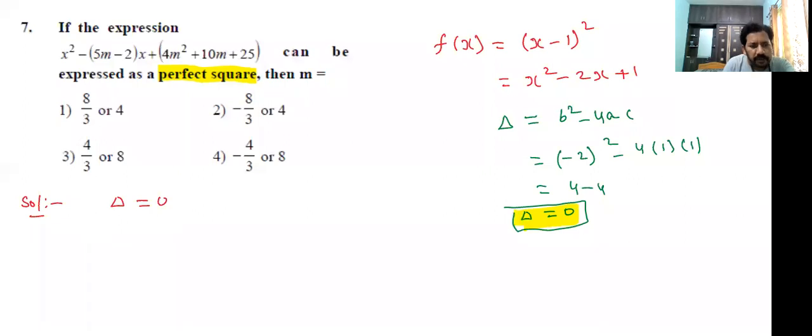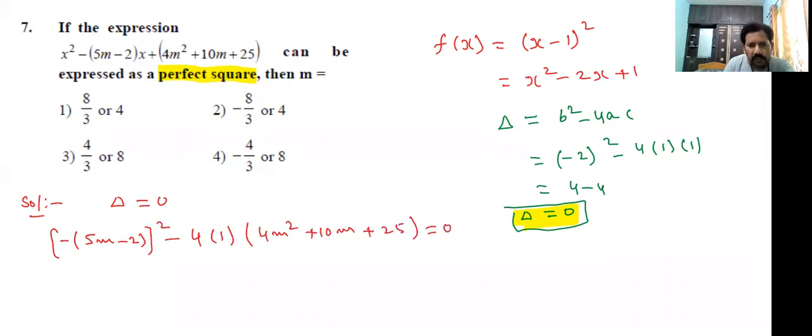B square minus 4ac: minus of 5m minus 2 whole square minus 4ac. C means 4m square plus 10m plus 25, that is equal to 0.